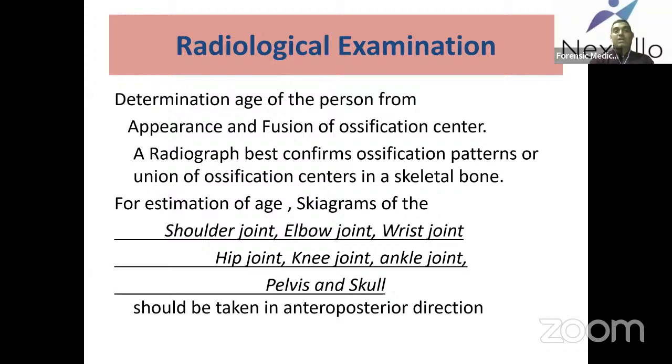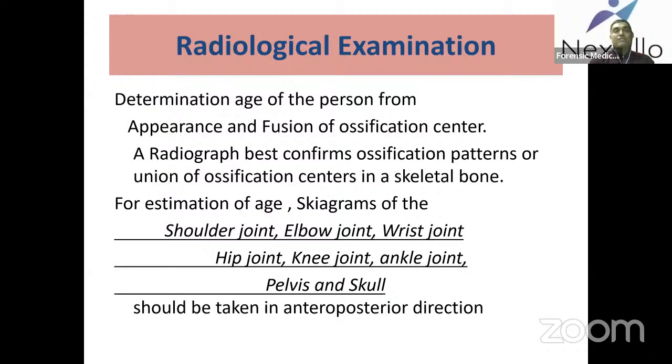For estimation of the age, skiagrams of different joints are needed, like shoulder joints, elbow joints, wrist joints, hip joint, knee joint, ankle joint, pelvis and skull. That should be taken in an anteroposterior direction, that is, AP direction.